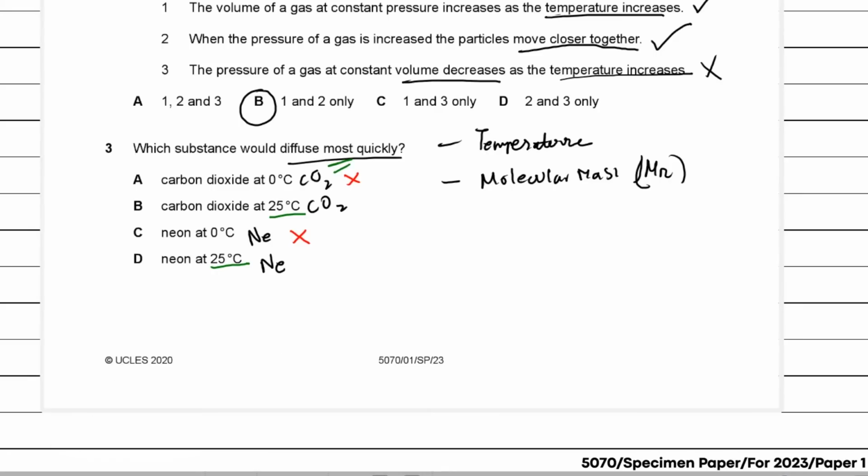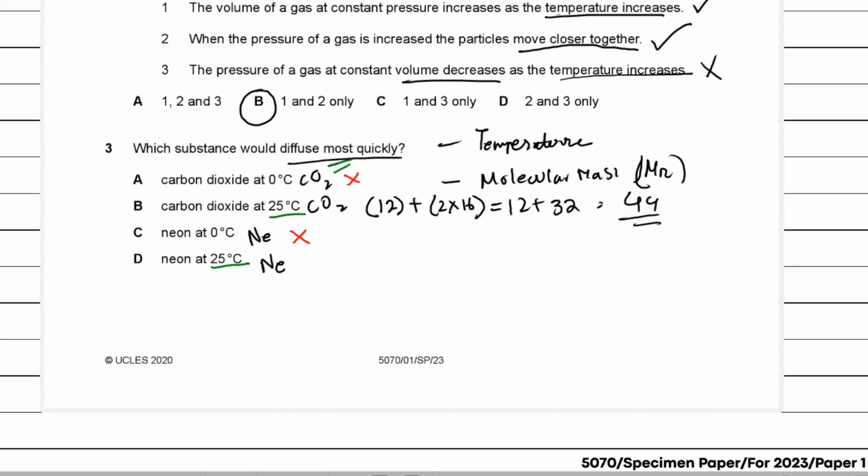The next part is to determine the molecular mass. For carbon dioxide, carbon is 12 plus 2 times 16. So 12 plus 32 is going to give us 44. Now we have to find out neon.